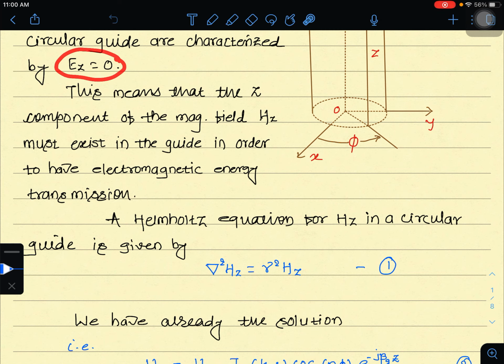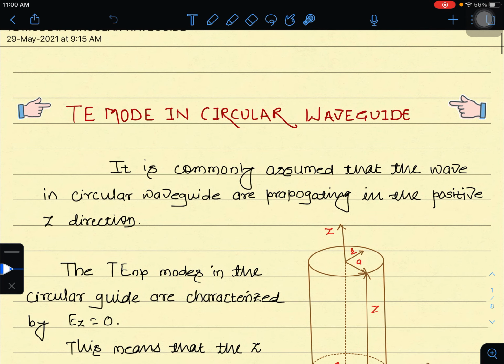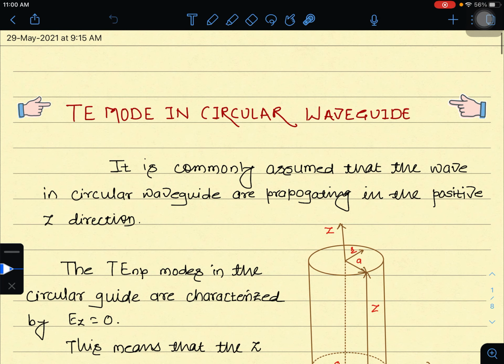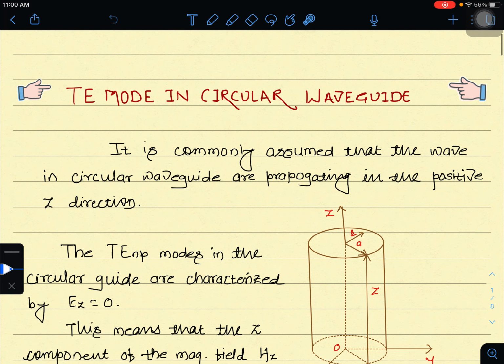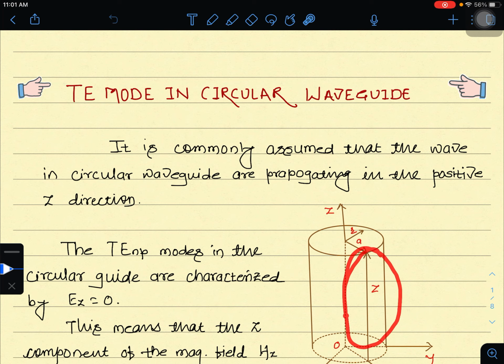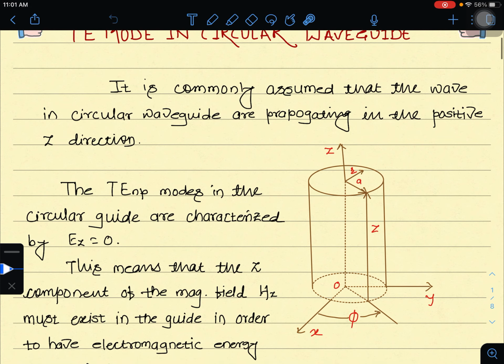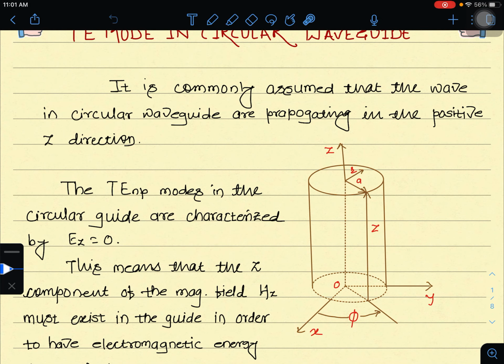The meaning of Ez equal to 0 is that the z component of the magnetic field, Hz, must exist in the guide in order to have electromagnetic energy transmission.